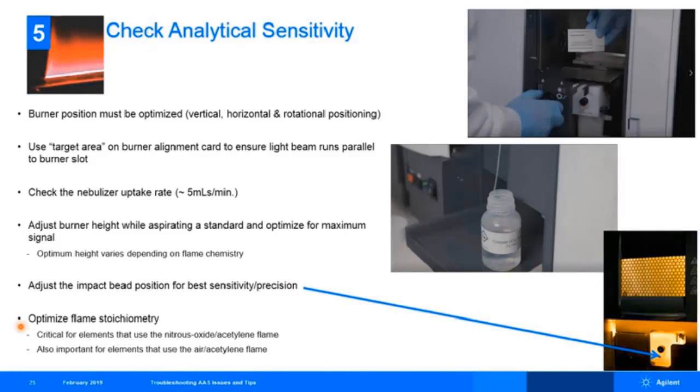Last of all, we'll focus on the flame chemistry, the flame stoichiometry. And this is especially critical for elements that use the nitrous oxide acetylene flame. But even for elements that work with an air acetylene flame, just by adjusting your gas flows, you can change the sensitivity that you're achieving and optimize your performance.